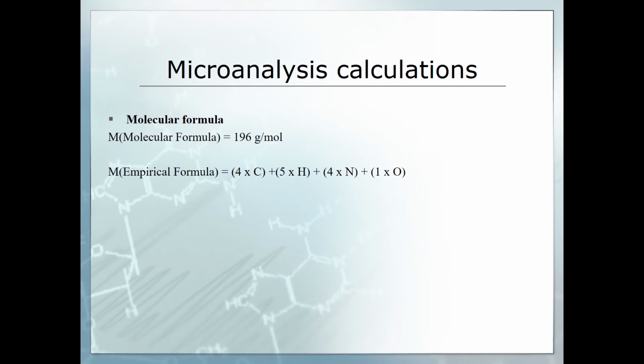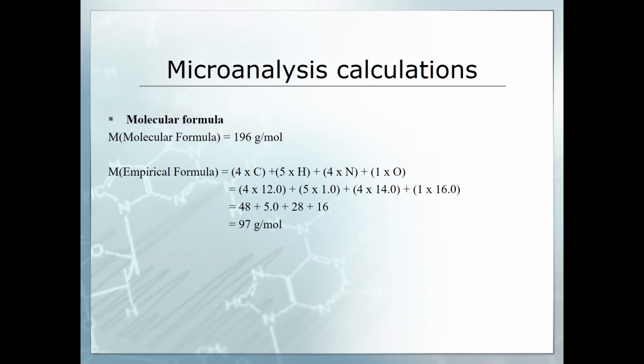We know that there are 4 carbons, 5 hydrogens, 4 nitrogens, and 1 oxygen. So simply we use our atomic masses, so 12, 1, 14, and 16, to calculate the molar mass of our empirical formula to be 97 grams per mole.